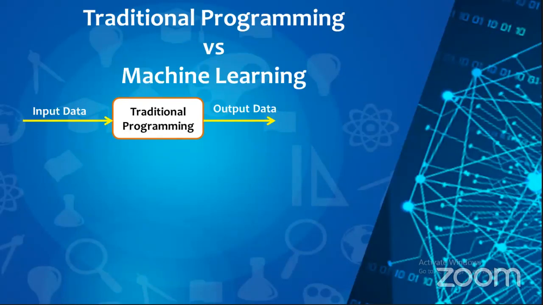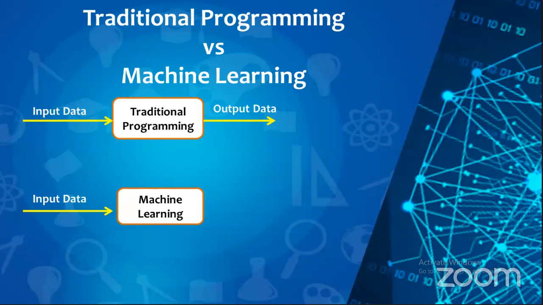But machine learning is something different. What exactly is the difference here? It takes input data and starts analyzing it. It starts extracting structures from the input data. Then it gives an output program, not output data. The output program is also called a model.